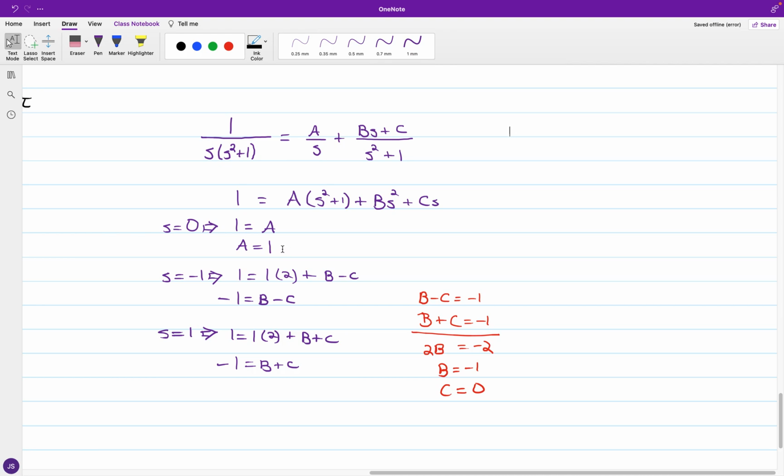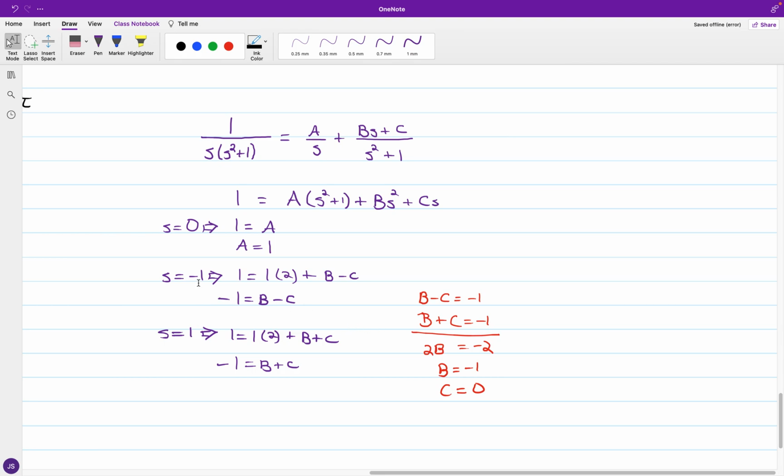Now we can plug in various values of s. I chose additive inverses, negative and positive 1, so I could set up a system of equations and not even have to worry about taking a matrix and performing reduced row echelon form.